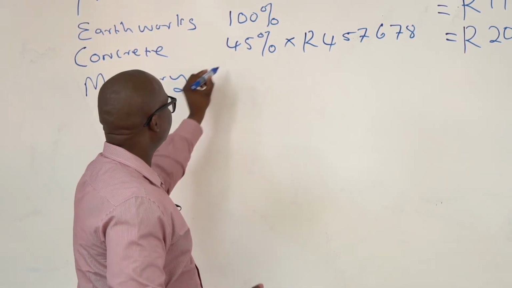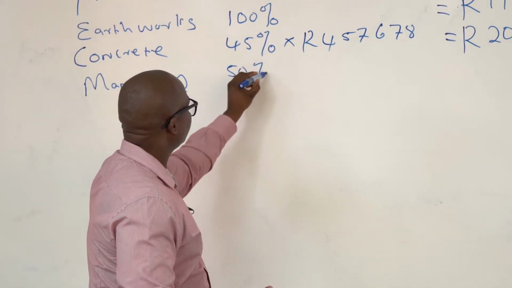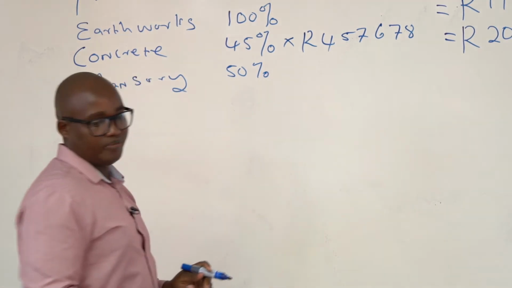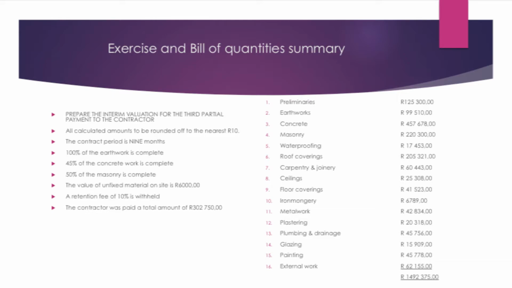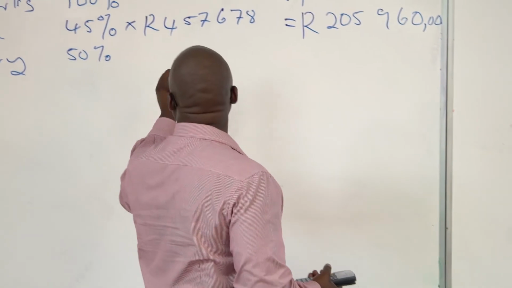Masonry, 50% completed. 50% completed will be half of the amount that is on the bill of quantity summary under the masonry item. So we have 220,300, which means we will have 110,150 as a 50% amount.